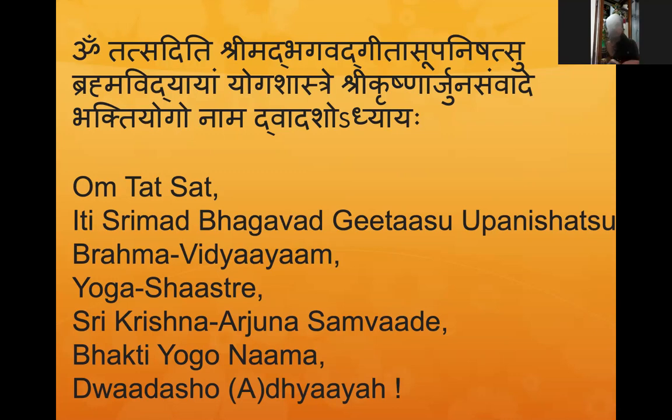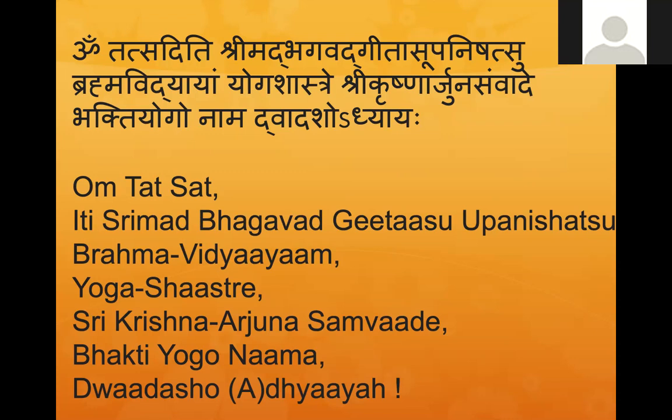Because this 12th chapter is called Bhakti Yoga, we say Bhakti Yogo Nama. Nama, of course, means name. And the last word, Dwadashodhyayah. I've written the A in parentheses because, just like we discussed a few minutes ago, when two words are combined and the second word begins with an A, it is not explicitly written in the Sanskrit text.